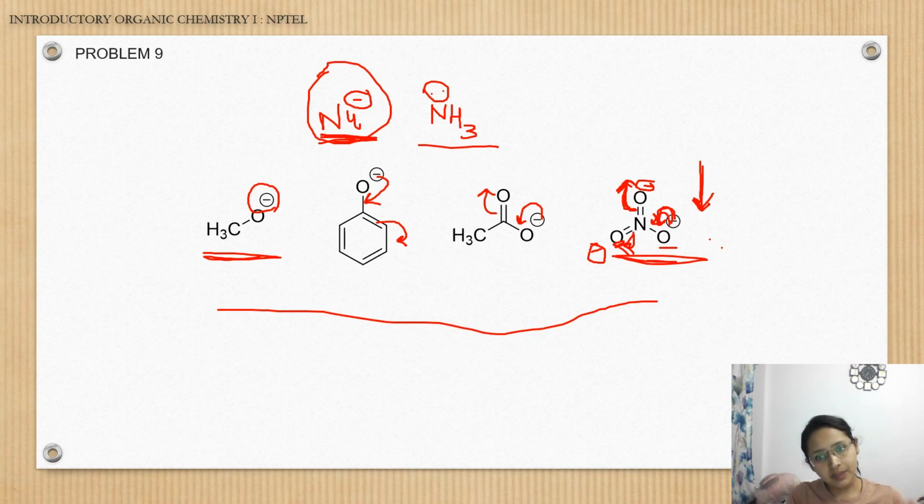Three resonating forms are possible, due to which the oxyanion electron density is diminished. Is it clear now? Okay, so we can clearly say that nitro is the least nucleophilic in nature. Agreed with my statement?